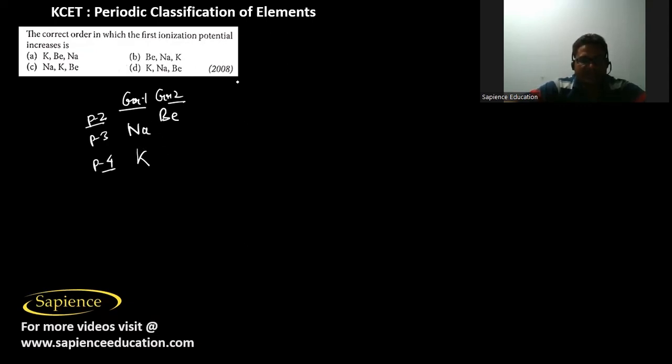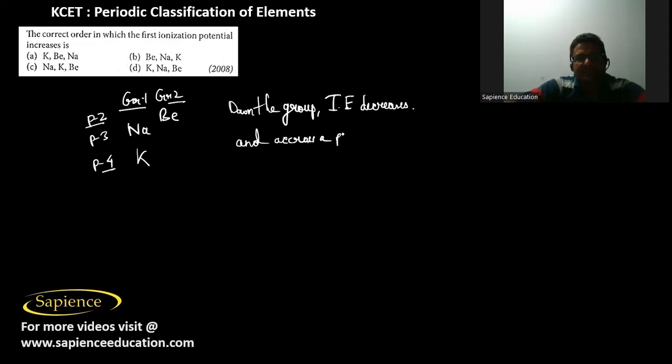Now the correct order of ionization potential. As we know, down the group the ionization energy or the ionization potential decreases, and across a period the ionization energy increases.